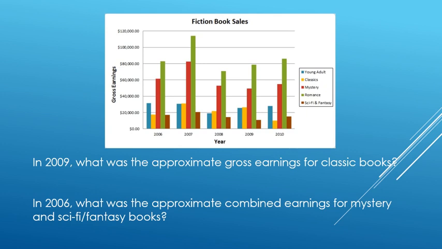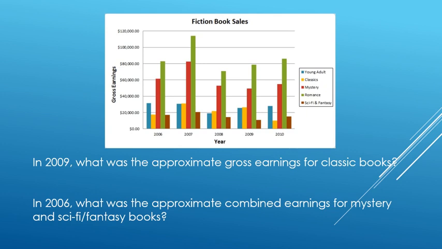So classic books are in yellow. We want the year 2009. So I'm going to look at this yellow bar here. I see that it's above this horizontal line, which is $20,000. It's below this line, which is $40,000. We're not quite halfway in between there, which would put it at 30.